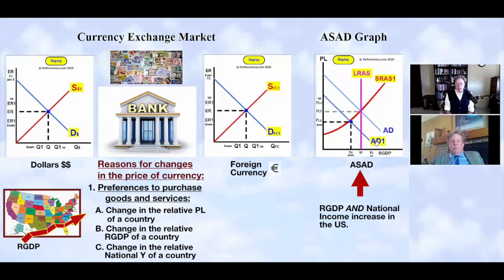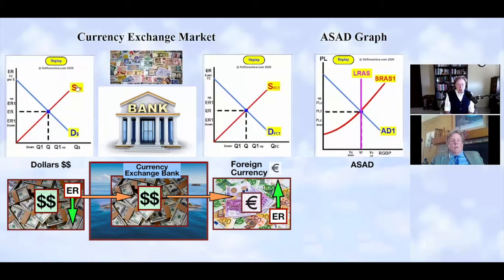And therefore, as the aggregate demand pulls us back to full employment, that means national income and real GDP will increase, increasing the spending power of people in our economy, and that will cause Americans to supply more dollars into the currency exchange market to buy up foreign currency so they can buy their foreign products.